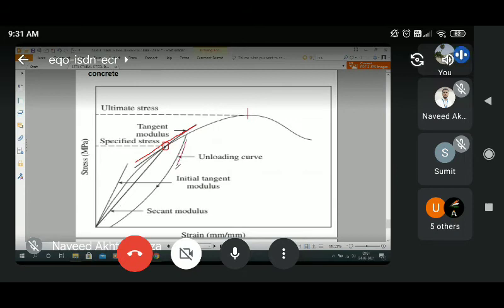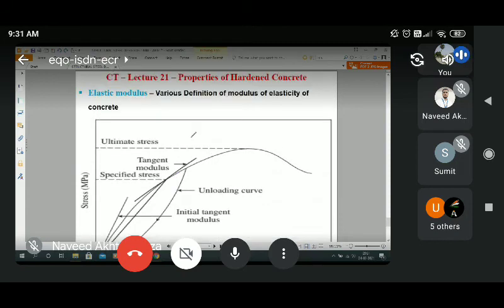The initial tangent modulus starts from the origin of this curve, and this straight line is the secant modulus. So various moduli of elasticity can be defined using this stress-strain curve of concrete.